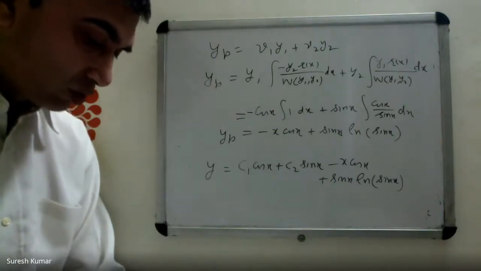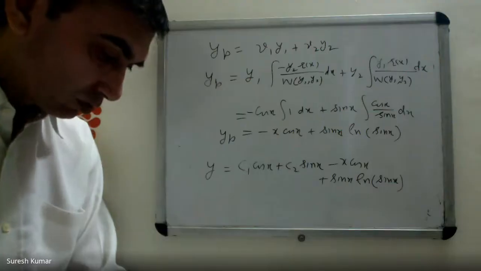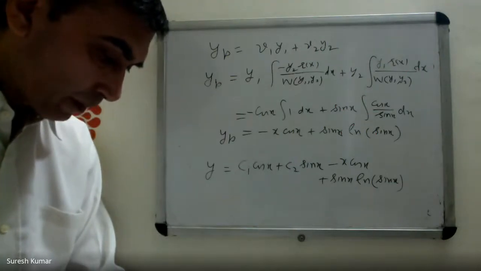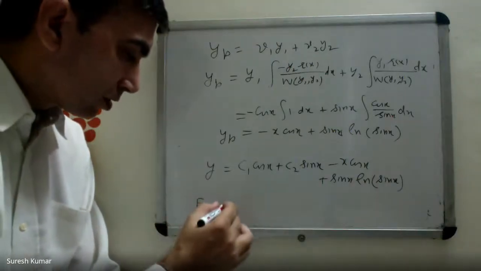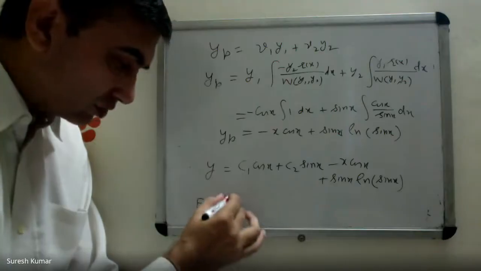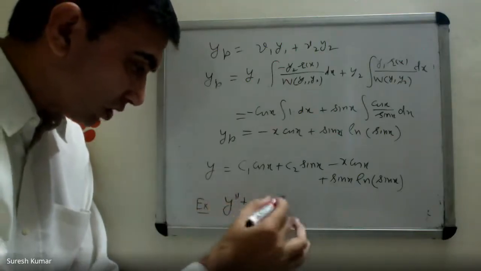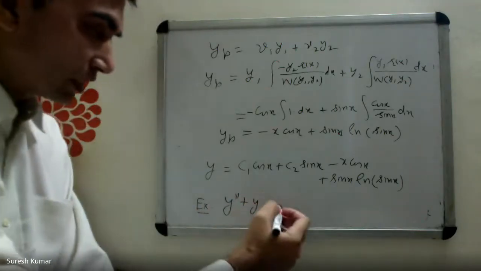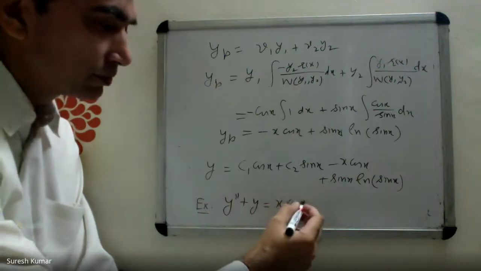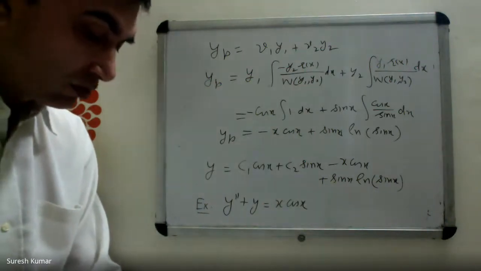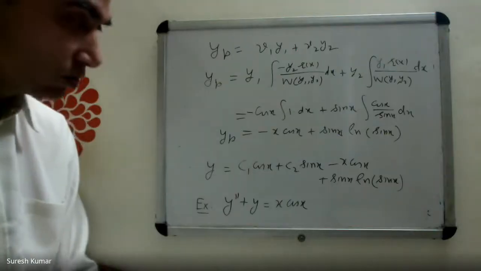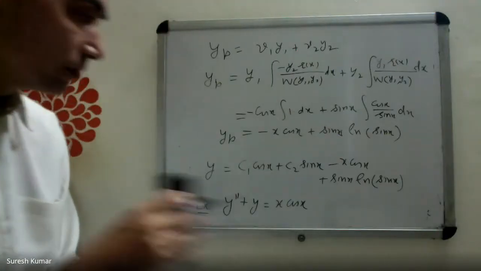Let's do couple of more problems to apply this method. Find general solution of the differential equation y double prime plus y equal to x cos x. I want to listen the answer from your side. I don't want to solve it here, okay?